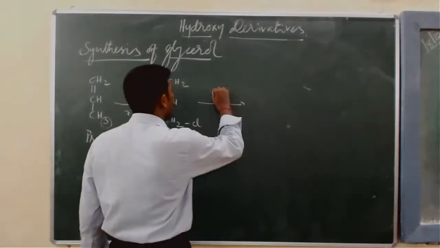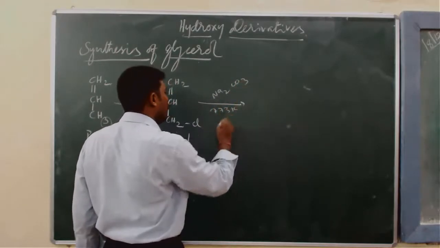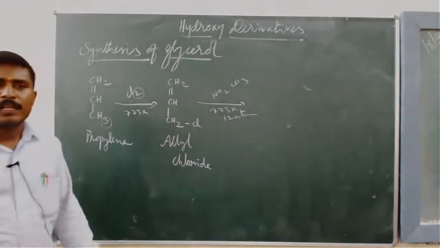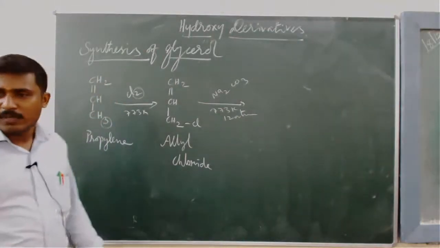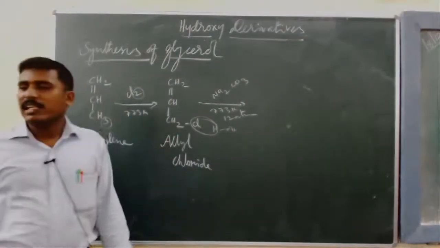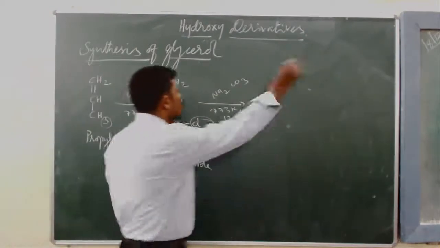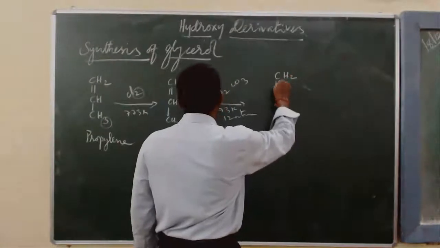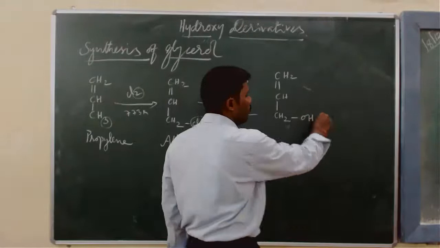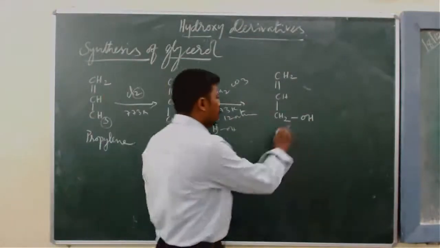Now sodium carbonate, 773 Kelvin and 12 atmospheric pressure. Here a hydrolysis reaction takes place, that means HOH, removal of HCl. So Cl is converted into OH. So CH2 double bond CH bond CH2 single bond OH, allyl alcohol.